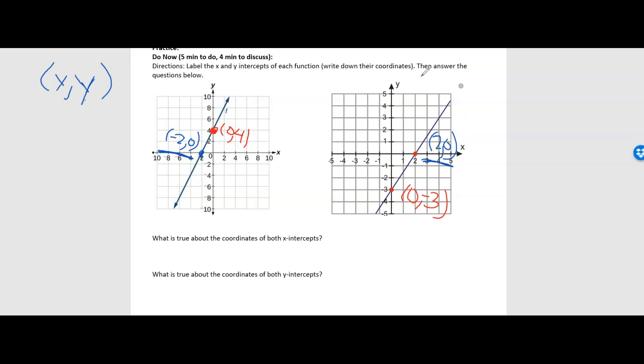Any point on the x-axis has a y value of 0 because we haven't gone up at all, we haven't gone down. We've stayed right at 0 in terms of y. So for the x-intercept, the y-coordinate is 0.